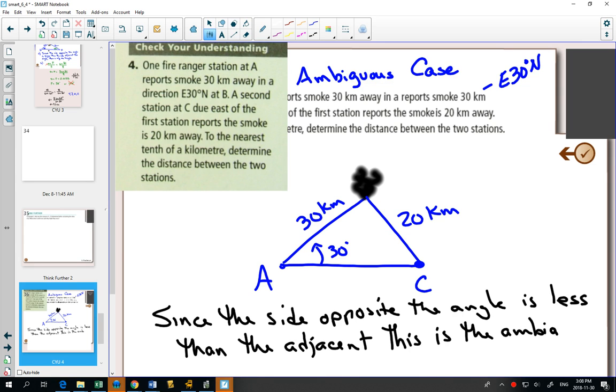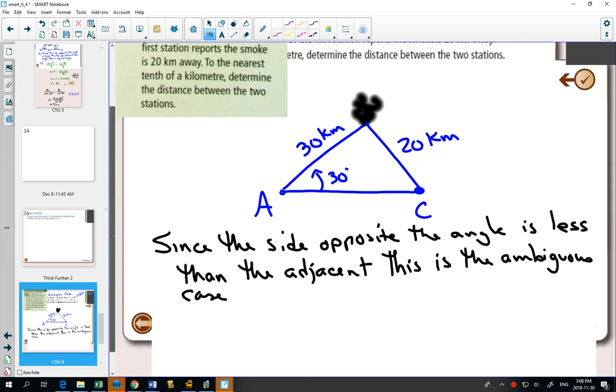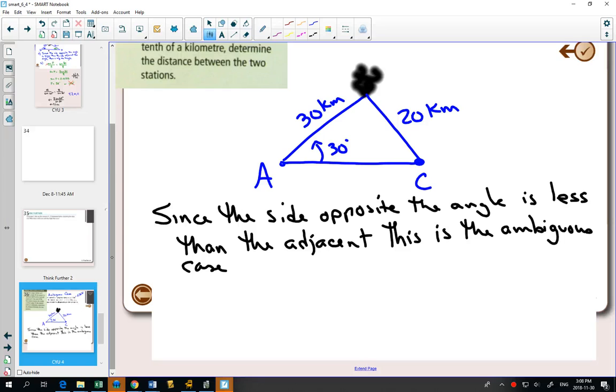There might be two triangles. So what we do is we draw a second triangle, still with the 30 degrees, with an obtuse angle. A, C, 30 kilometers, 20 kilometers.